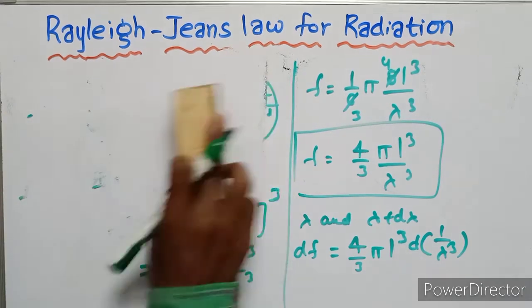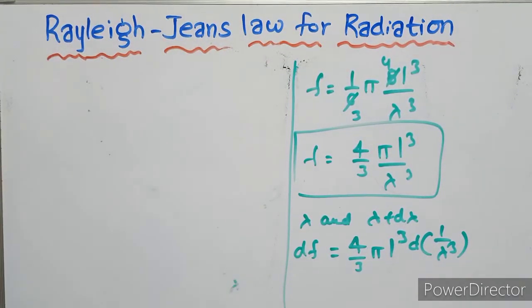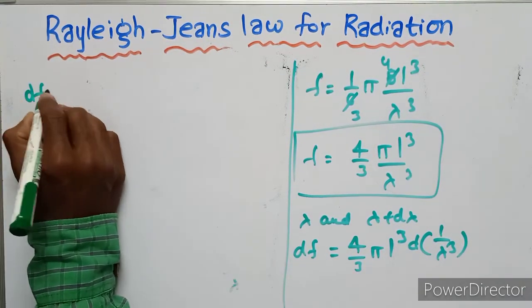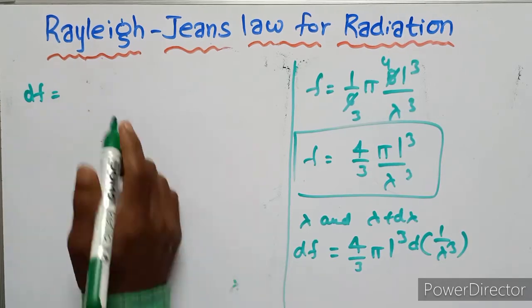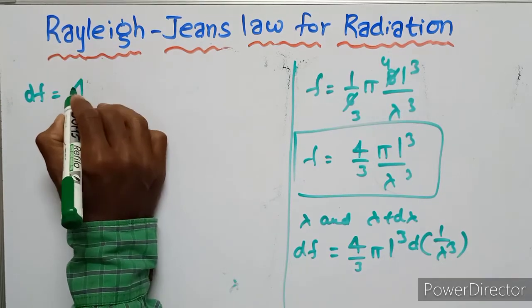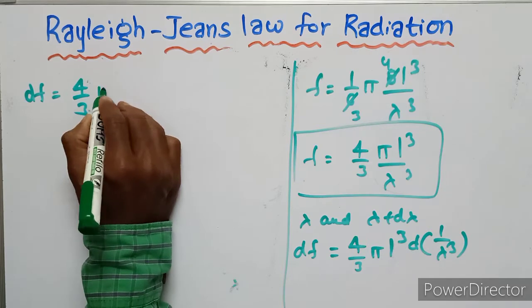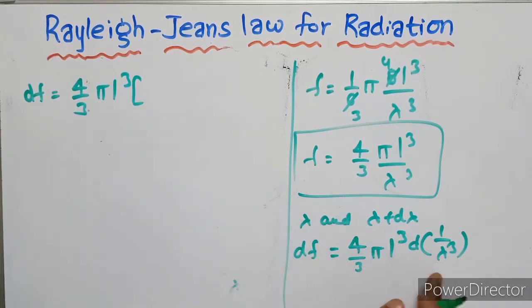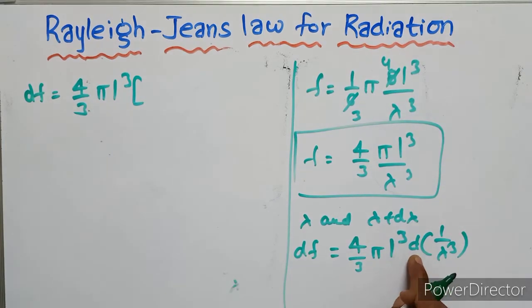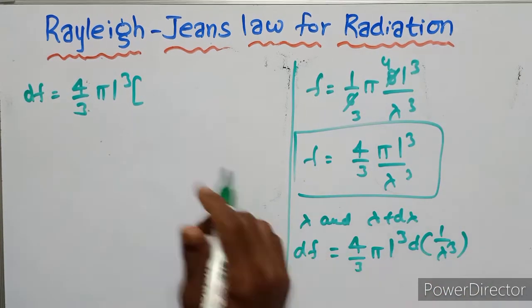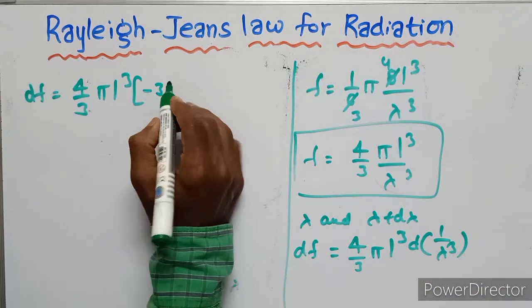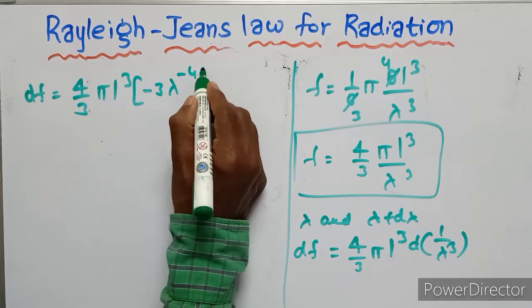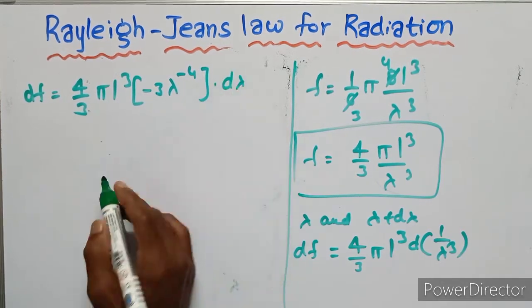So further simplification, dF equals 4 upon 3 pi l cube. The derivative of 1 upon lambda cube is minus 3 lambda to the power of minus 4 d lambda.